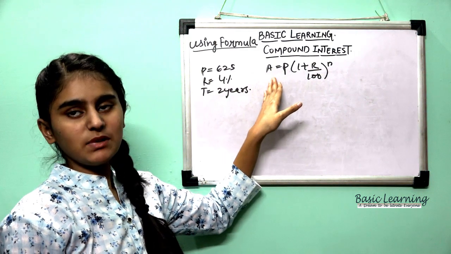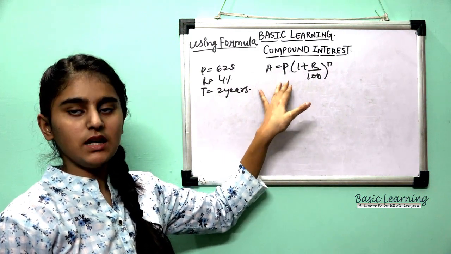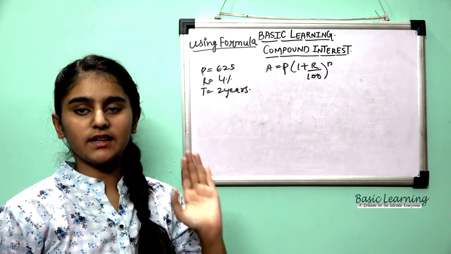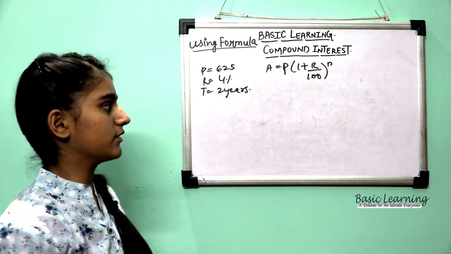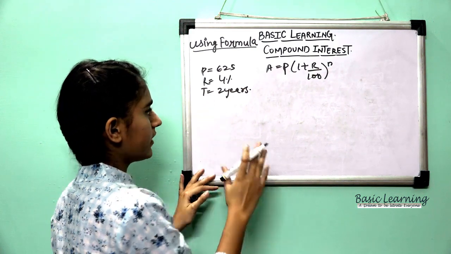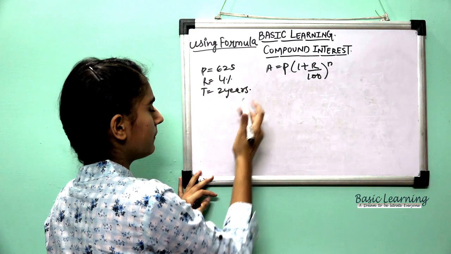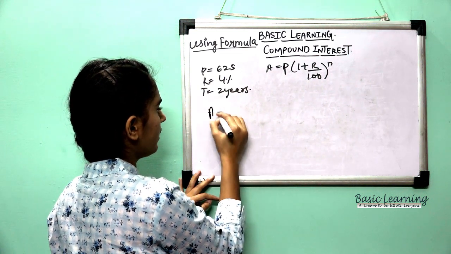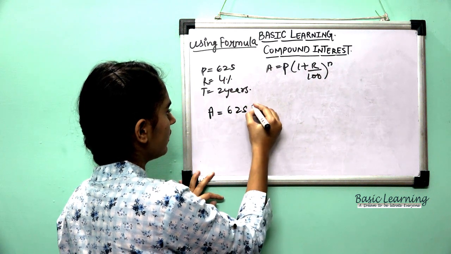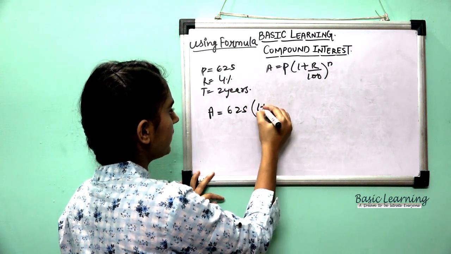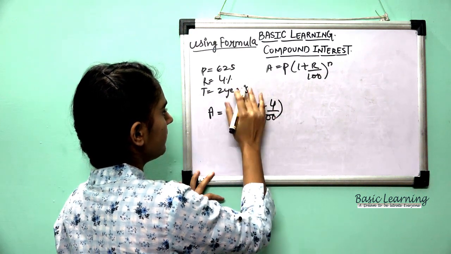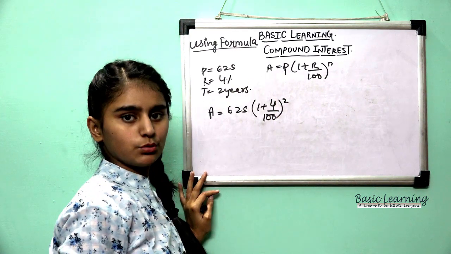Here A means amount, P means principal, R means rate, and n means number of years, time duration, sorry. Now we will apply this formula, that is amount equal, principal is 625, bracket 1 plus rate 4% upon 100, and the number of years are 2.